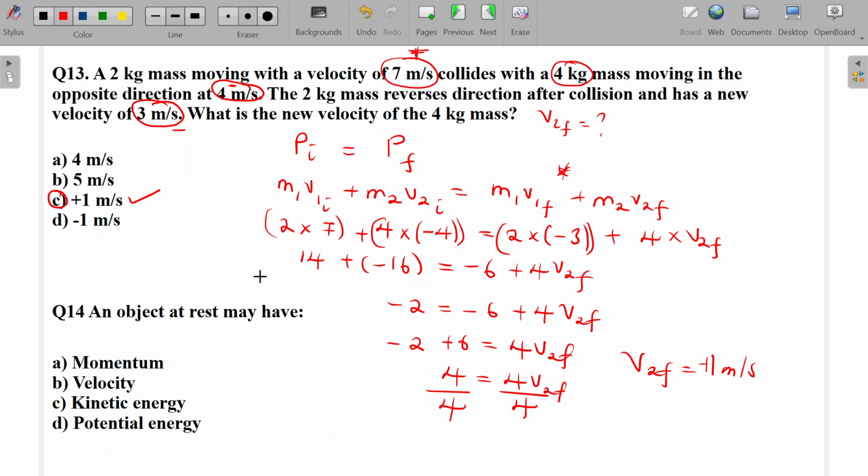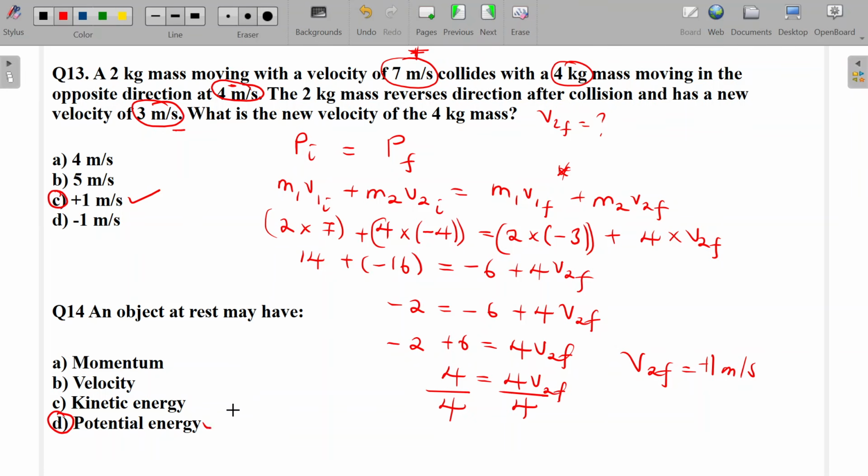Yes. All right, wonderful. So question 14: an object at rest may have A, momentum, B, velocity, C, kinetic energy, D, potential energy. Potential. Yes, wonderful, correct.